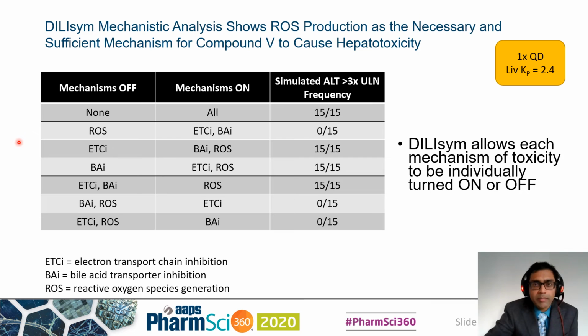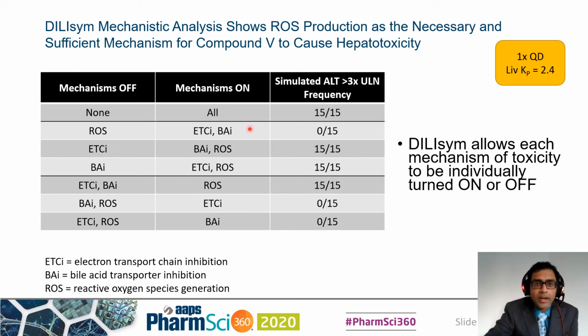What I'm showing here is a smaller simulation cohort of around 15 simulated individuals. When you have all mechanisms on, as we've been looking at previously, all 15 of those individuals have ALT elevations. And as per our previous slide, the liver KP here is around 2.4, just as a reference.